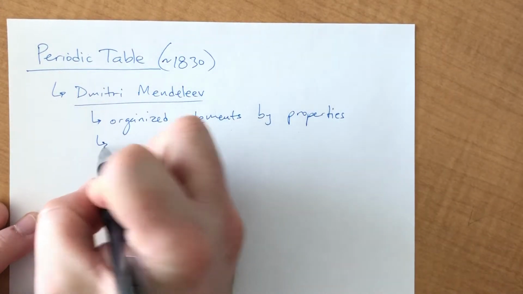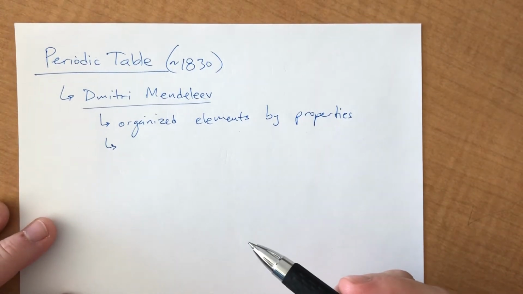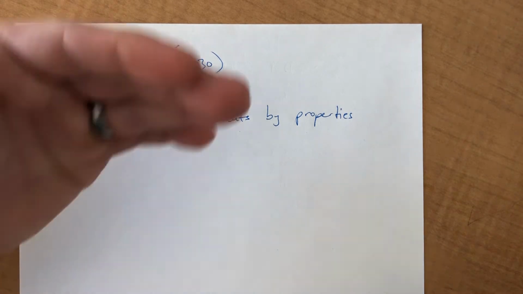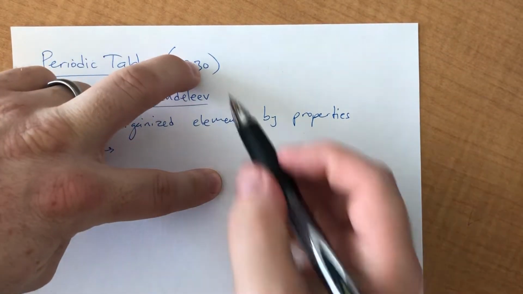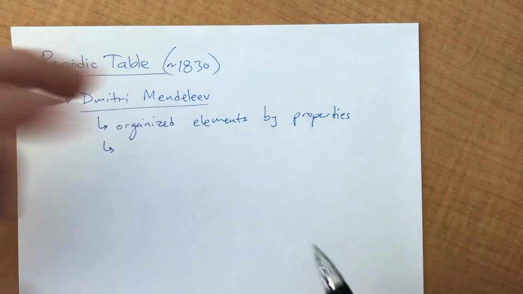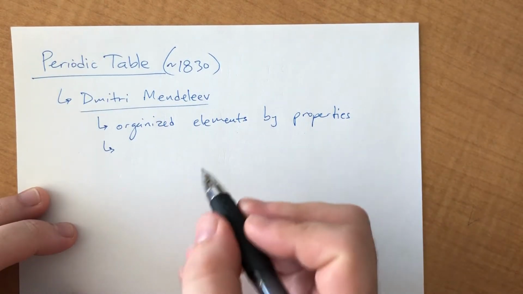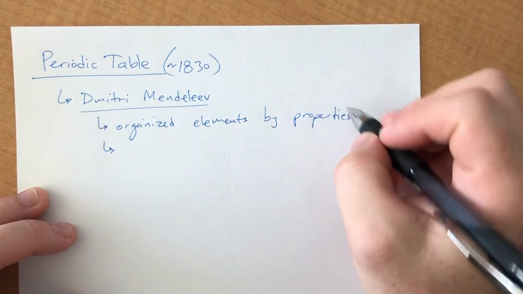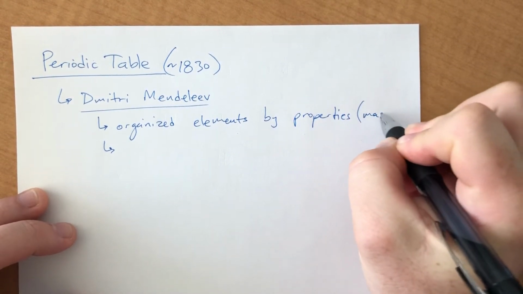And then what he found was that throughout the list, every once in a while, you'd have ones that formed the same charges or formed the same types of compounds. So he organized it by properties, which would be mass in this case.